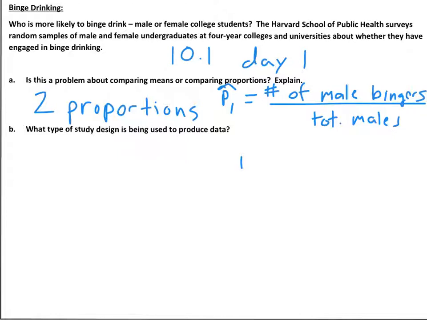But here in this problem, we want to compare that to a second proportion that would also have to be obtained from a sample.